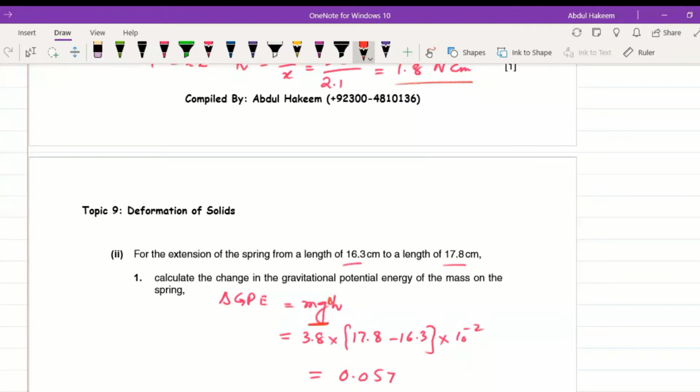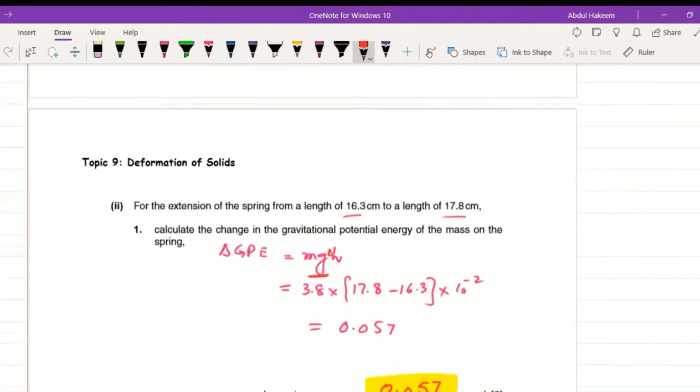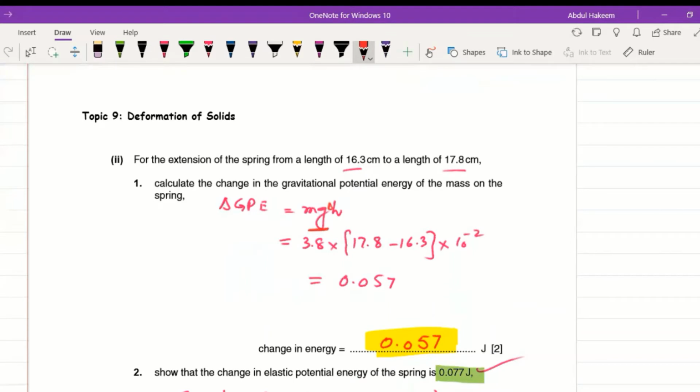And what is the change of height? 17.8 minus 16.3. This is in centimeter, so we have to convert this into meter, divided by 100 or 10 power minus 2. So the answer is coming 0.057.